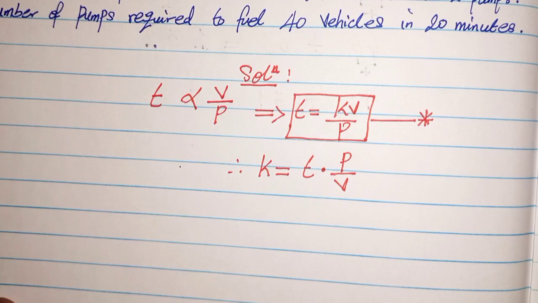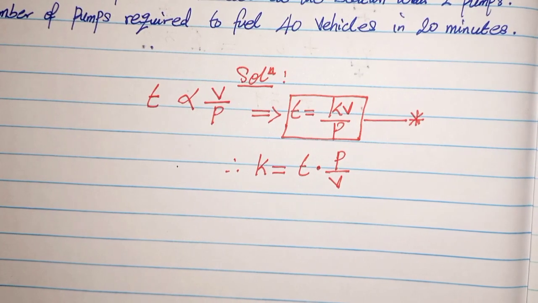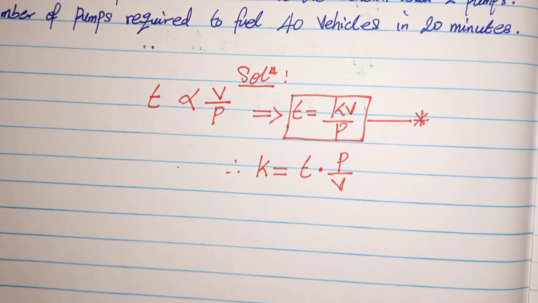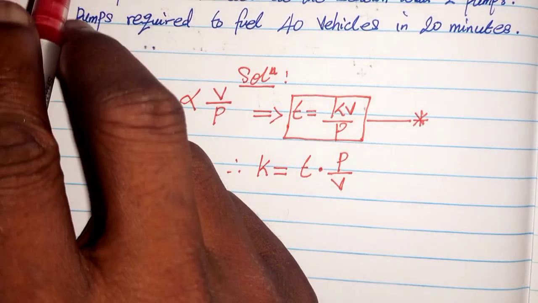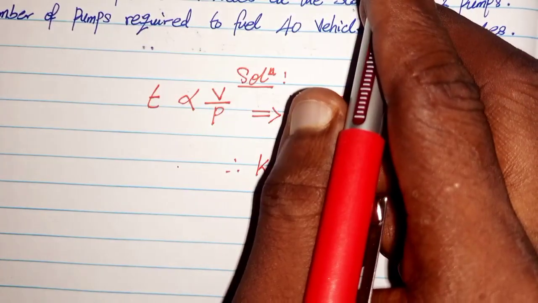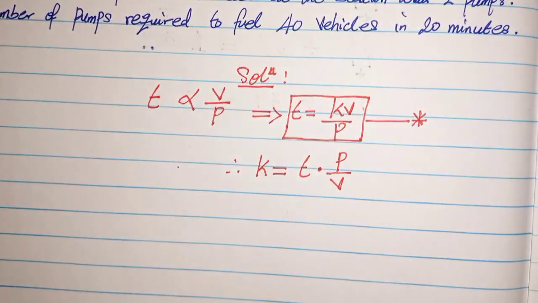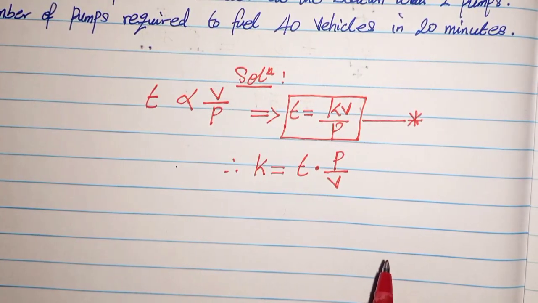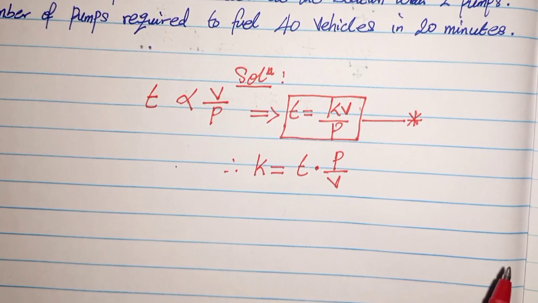The next thing we want to do here is to find our constant of proportionality from the initial question. It says that in a station with 5 pumps, it takes 10 minutes to fuel 20 vehicles. So that means that when we have 5 pumps in that station, it takes 10 minutes, which is the T, to fuel 20 vehicles.